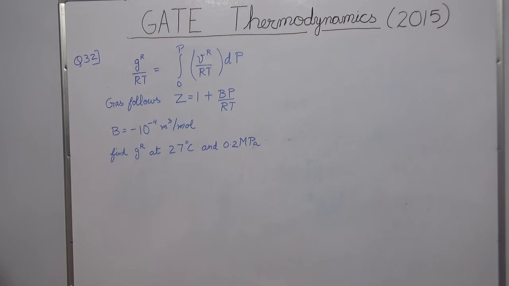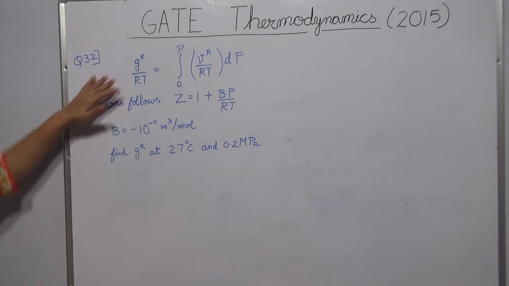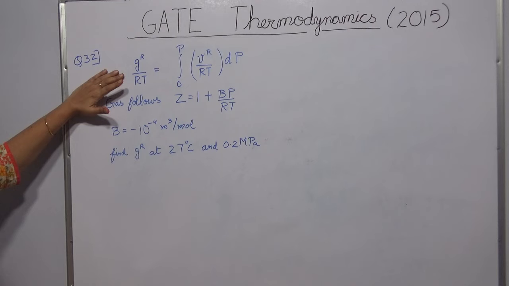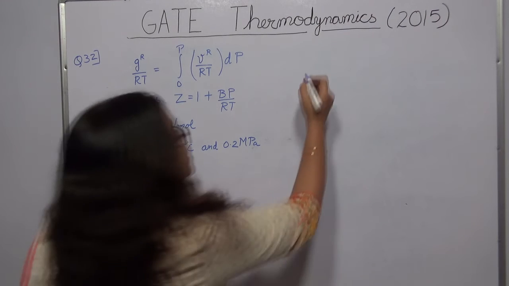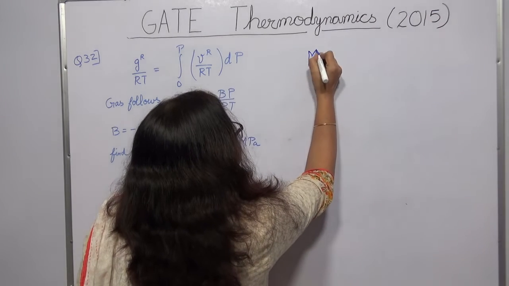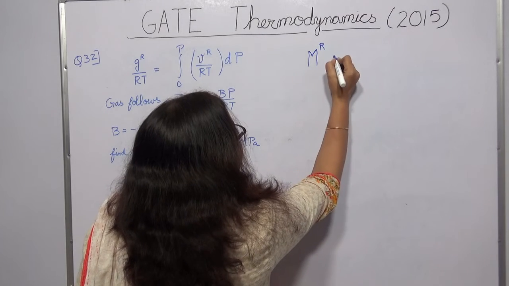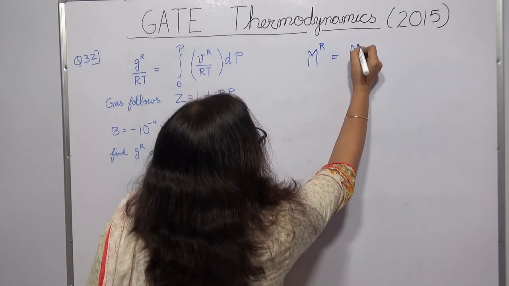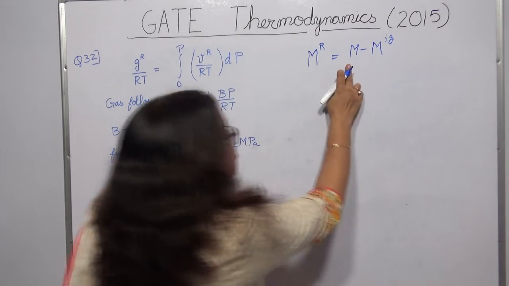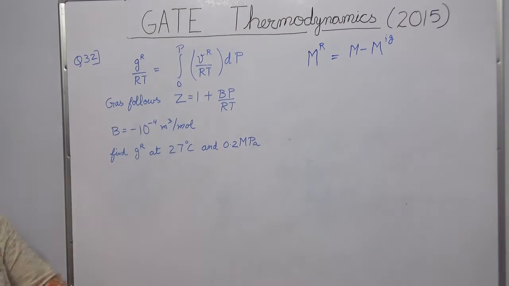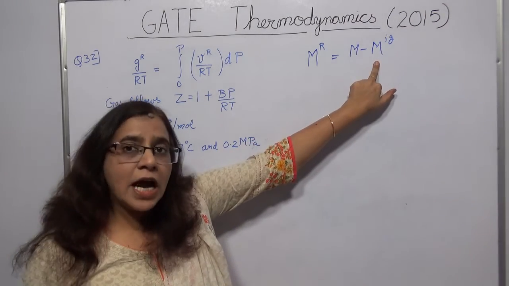So the only concept which you require in this case is how do you define your residual properties. Okay, so you define your residual properties in general. If M denotes any extensive property, then I can write the residual property as M minus Mig, where M is the property of the real gas minus the property of the ideal gas.